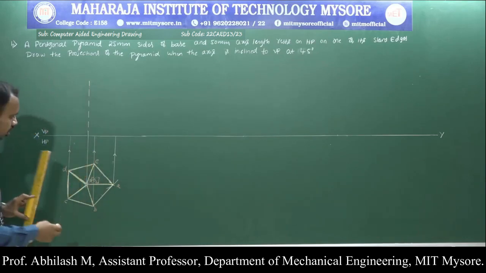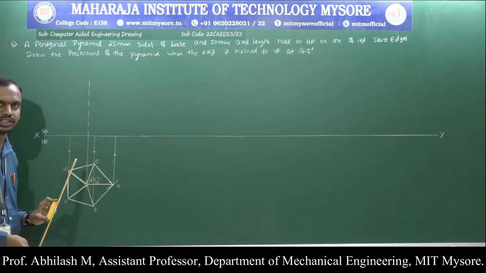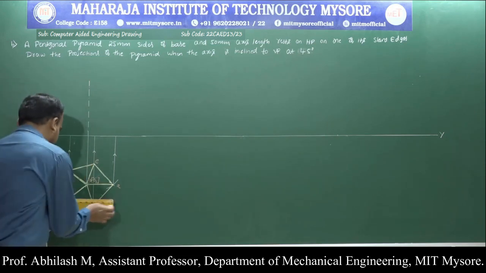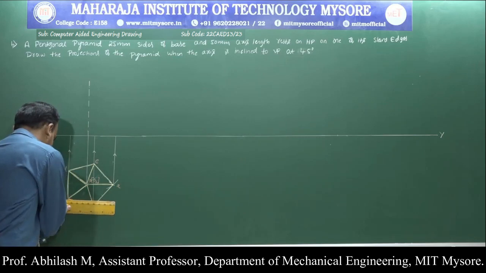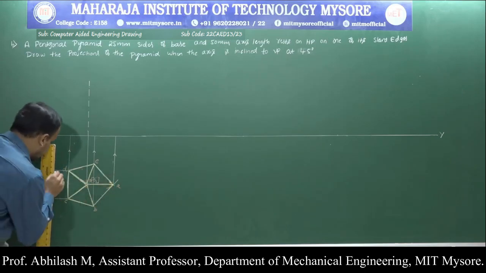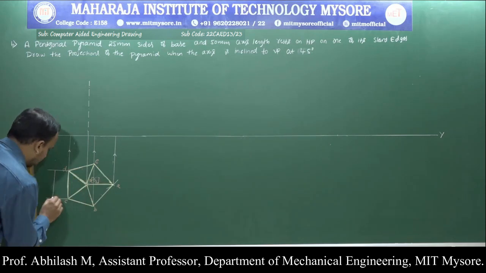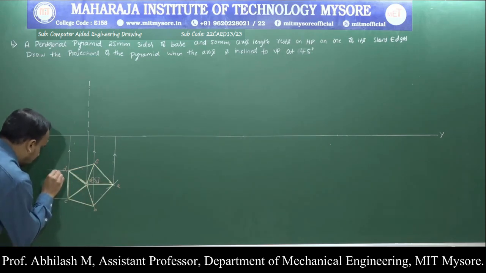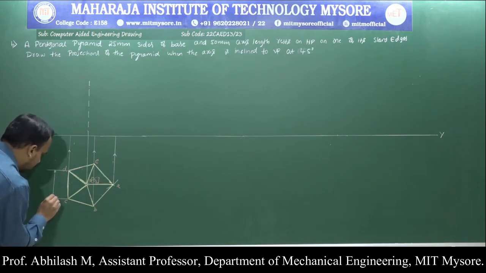We have forgotten to dimension one of the sides. It becomes very important. So don't forget, in any problem, show any one of the side dimensions. So this particular side is 25 millimeter. It should be a filled arrow.